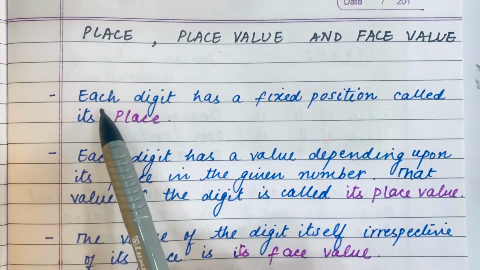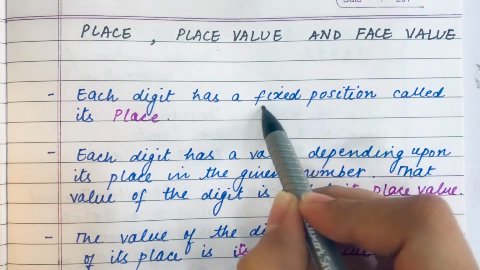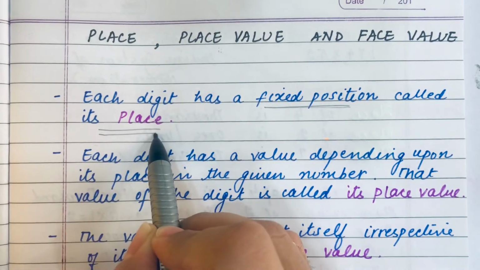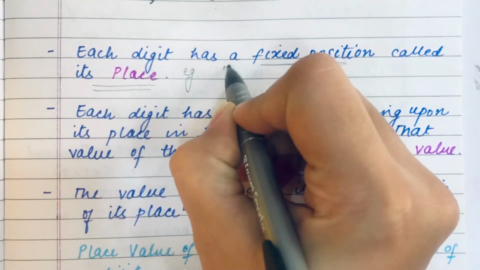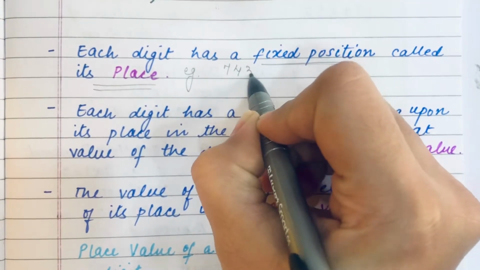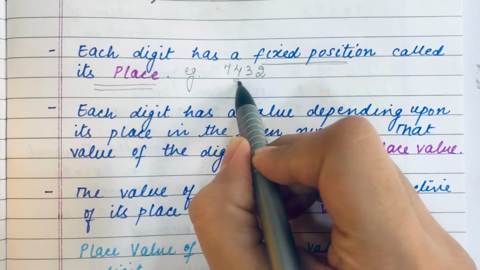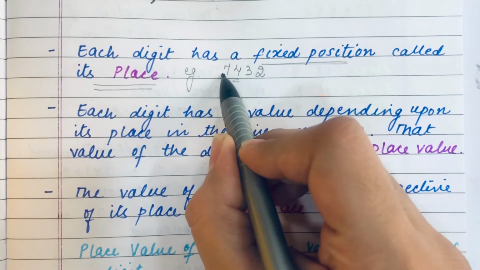So first thing, each digit has a fixed position. That fixed position is called its place. Let's take an example, 7432. If we are talking about the number 4, we all know ones, tens, 100, 1000, right?